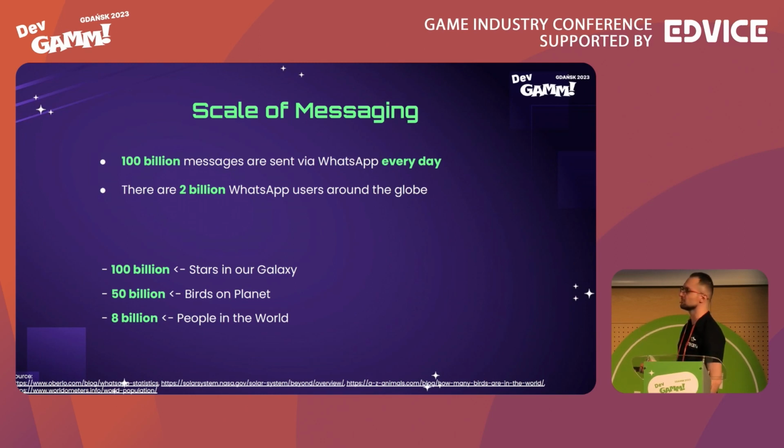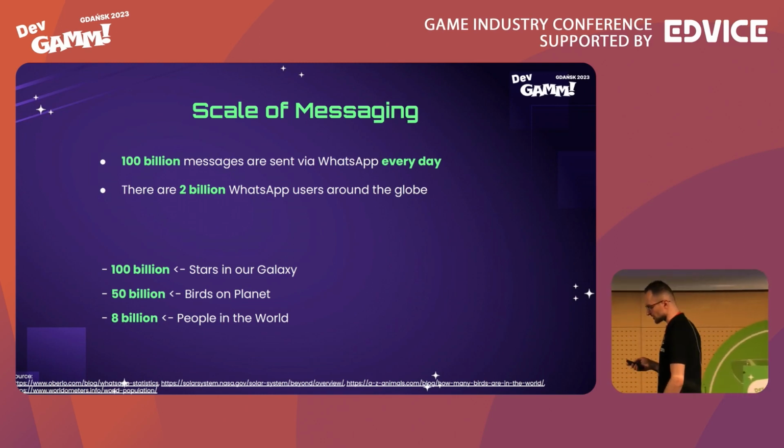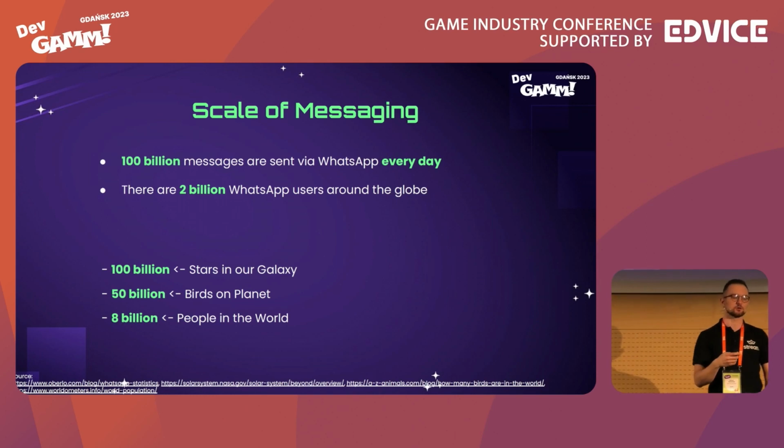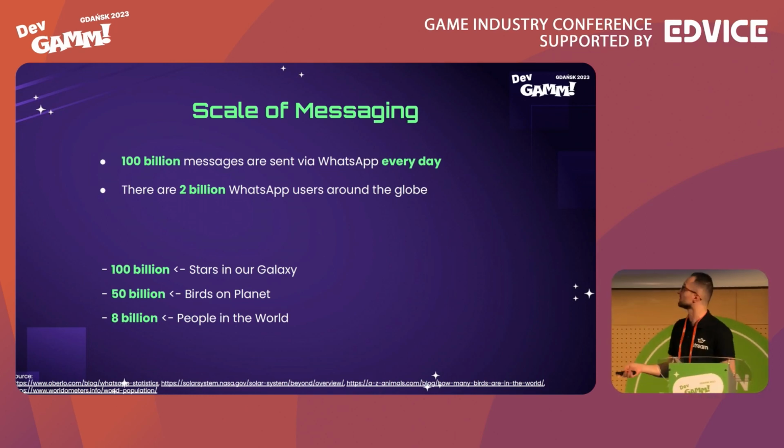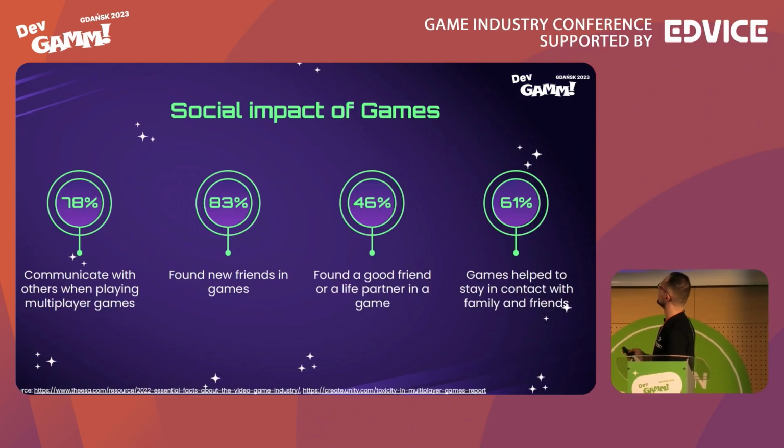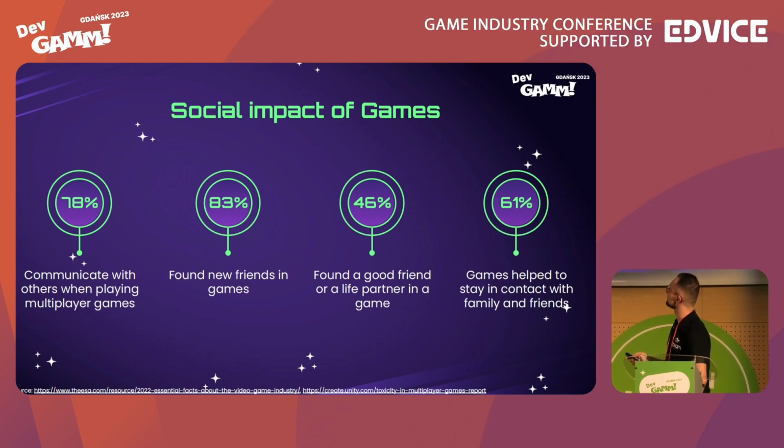So basically, text messaging plays a significant role in our everyday life, so it's no surprise that it plays a significant role in games as well. About 80% of players declare that they do communicate with other players when playing games. More than 80% of players have found some friends because of the games or gaming community.